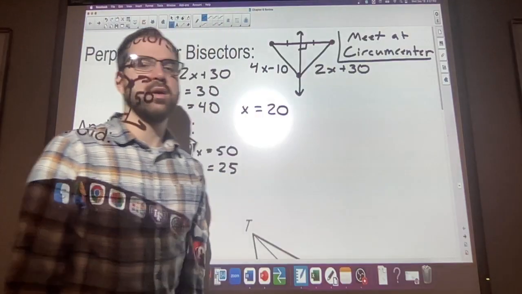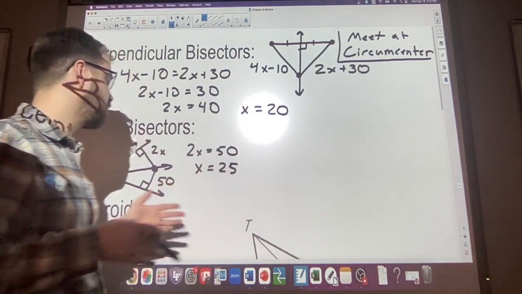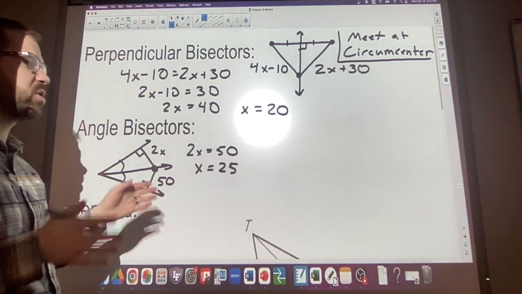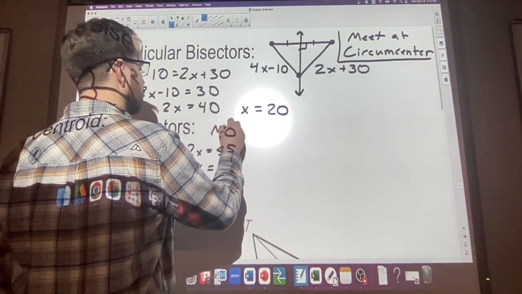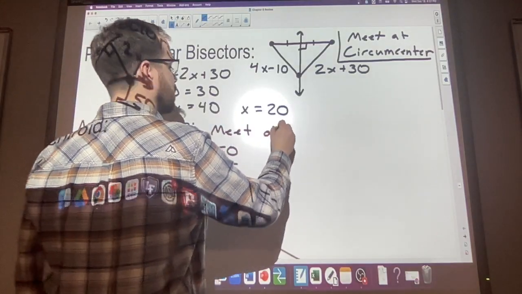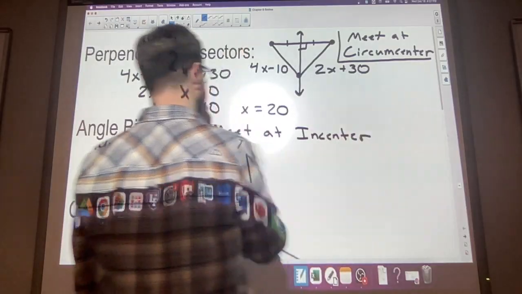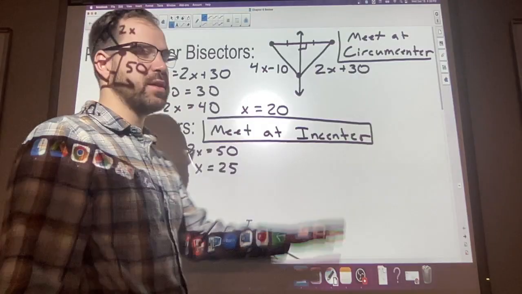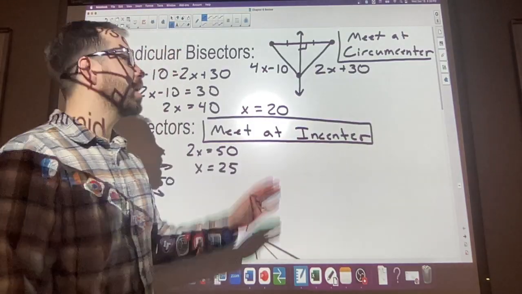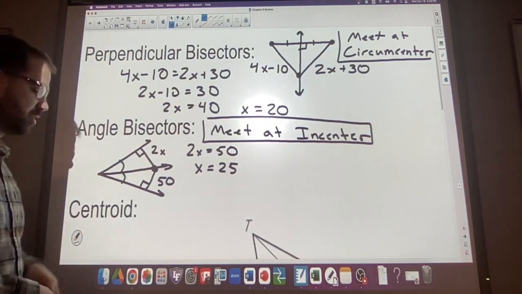So whatever part's missing, if it's a perpendicular bisector or angle bisector, it works both directions. You can set them equal. And also, they meet at the incenter. Now, there's not going to be a whole lot about the incenter on the test. Mainly, we're going to focus on circumcenter and the centroid, which is next.